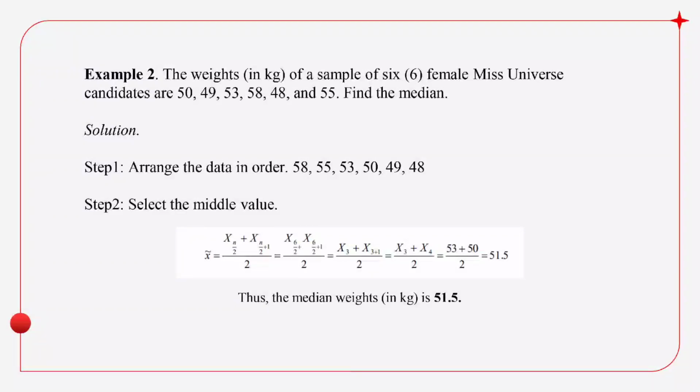That is 53 plus 50, divided by 2, which gives 51.5. Thus the median weight in kilograms is 51.5.